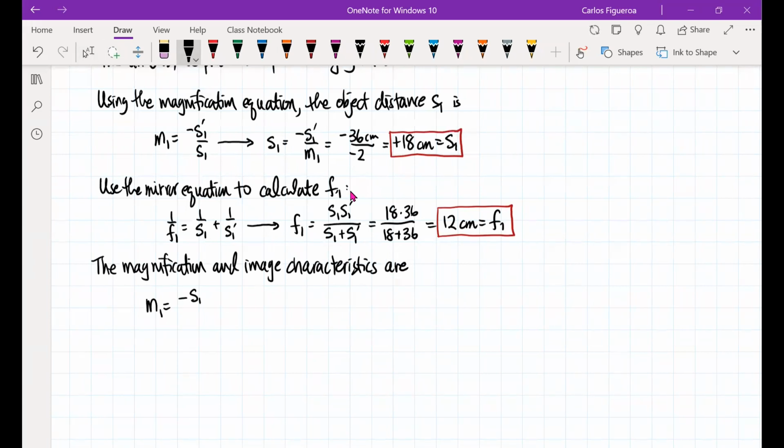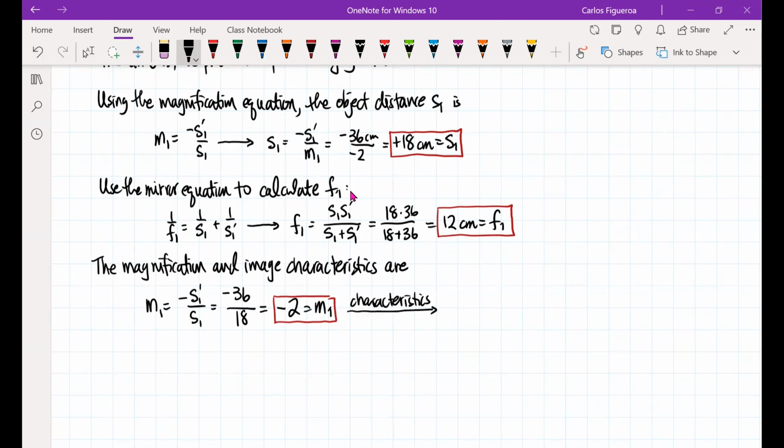So it should be minus S1 prime over S1. If I plug that in, note that the object is 18 centimeters and the image is 36. So you could see here that I get minus 2 for the magnification of 1. Again, this is given, but I'm calculating it this way.